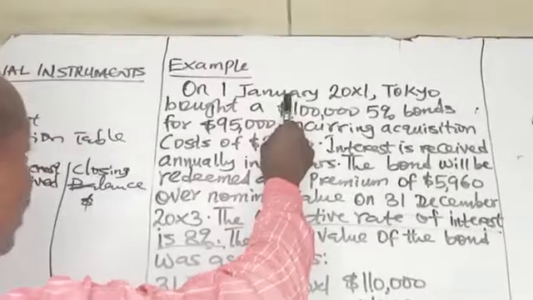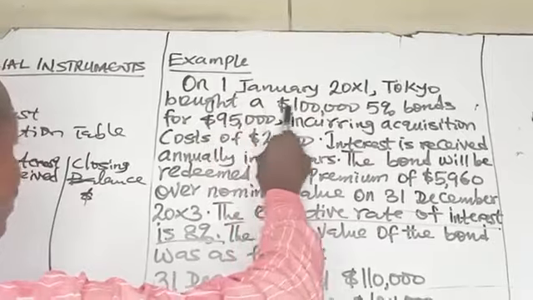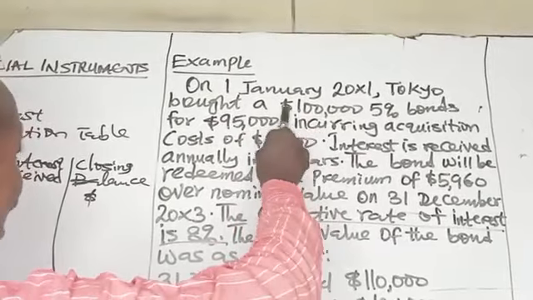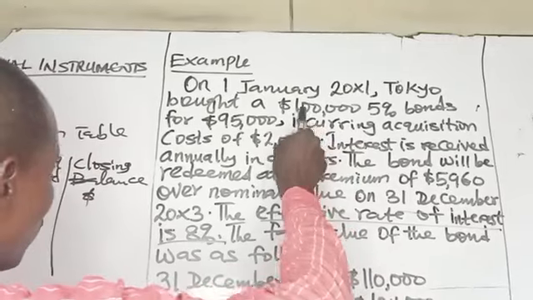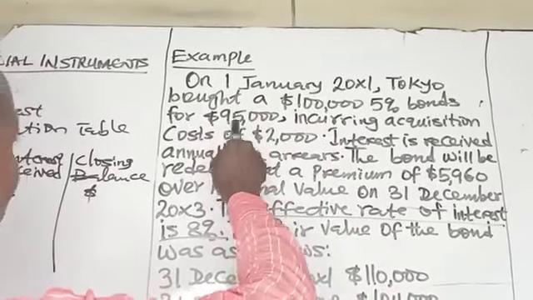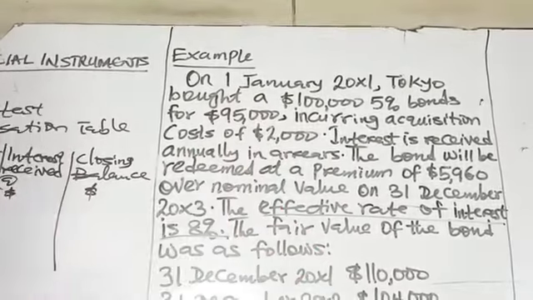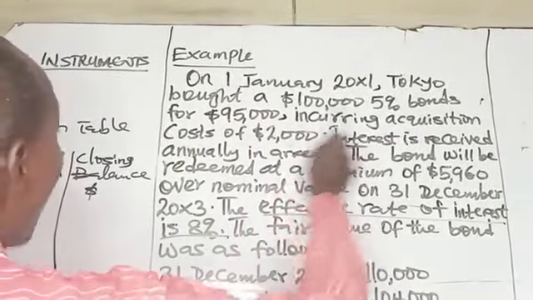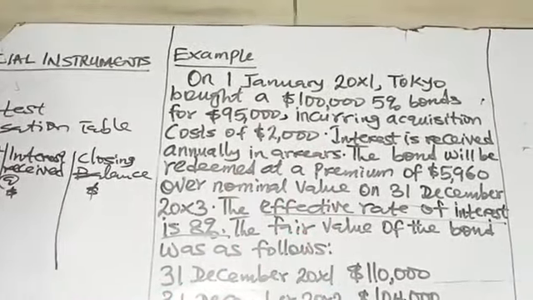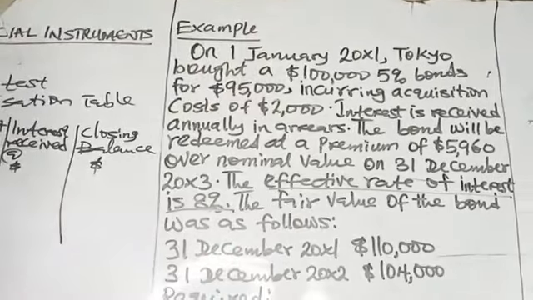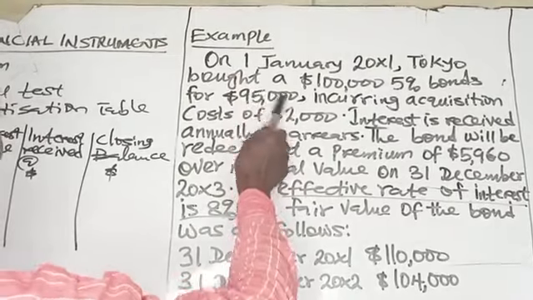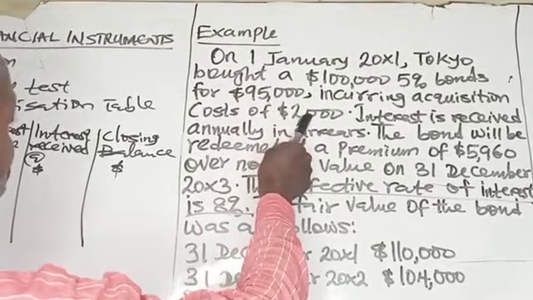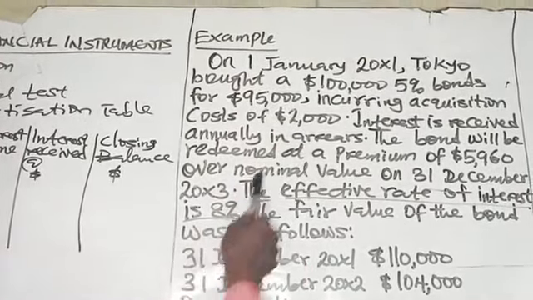On 1st of January 20x1, Toko bought 100,000, 5% bonds. This is the nominal value. It was bought for 95,000. This is the fair value, incurring acquisition cost of 2,000. Under amortized cost, we said the acquisition cost must be capitalized. If you capitalize the acquisition cost, 95,000 plus 2,000, that will be 97,000.